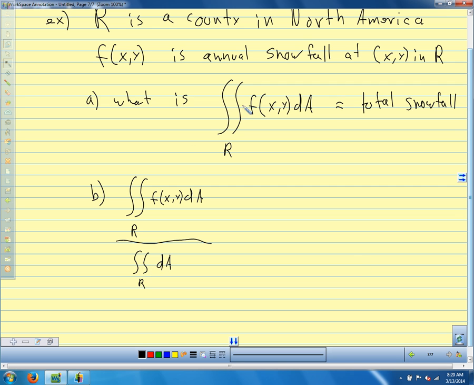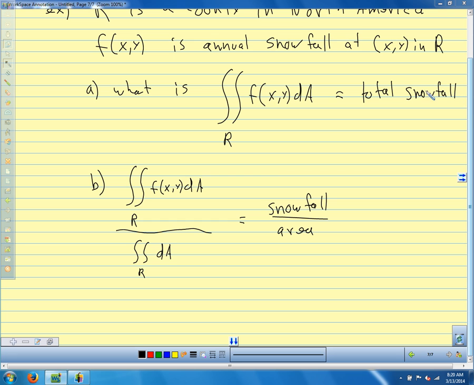So if the double integral of f of x,y dA gives us the volume, what's the double integral over a region of just dA going to give us? That's going to give us the area of the region. So what would this integral represent? Snowfall per unit area. For meteorology, yeah, that would be nice.